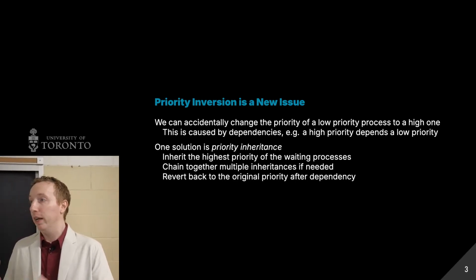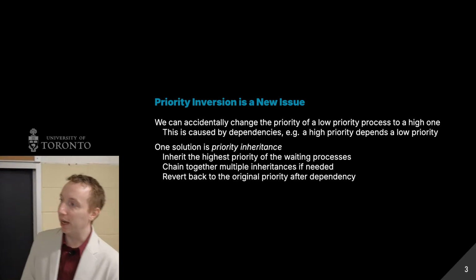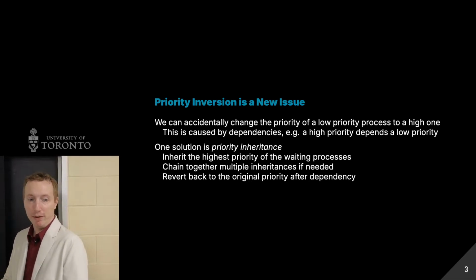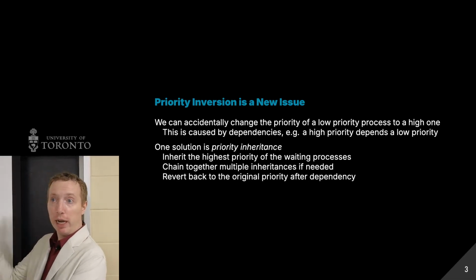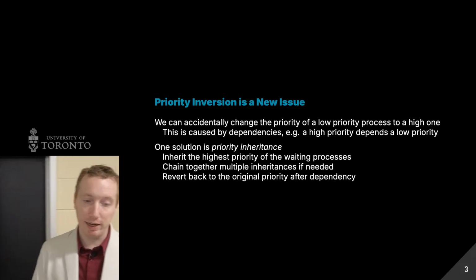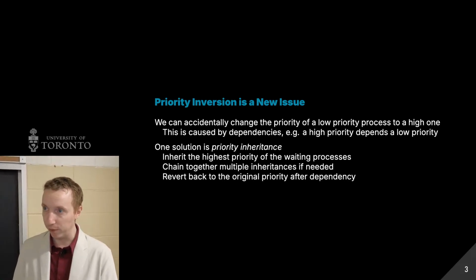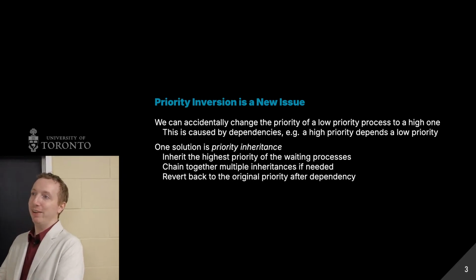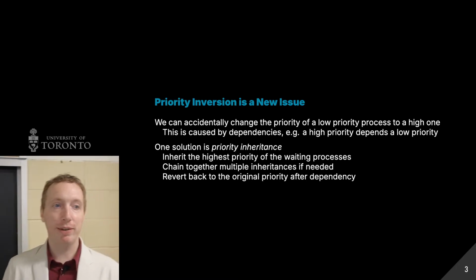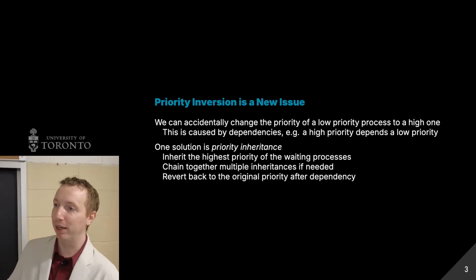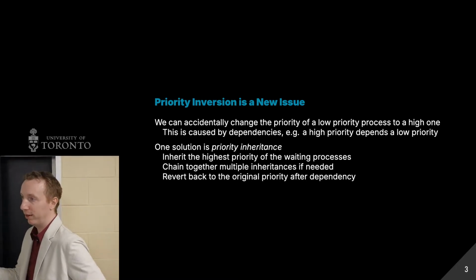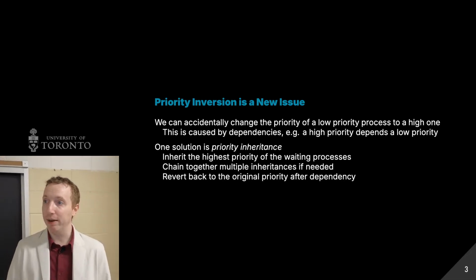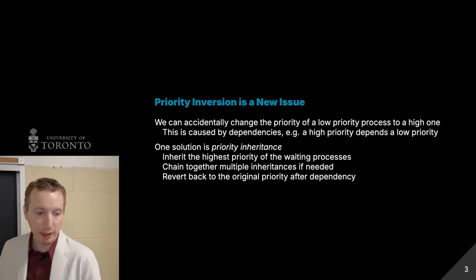So if that low priority process is doing the write for a high priority process that is depending on it, so it's waiting for the write to happen so it can read it, then suddenly that high priority process is now effectively a low priority process, because it's waiting on the low priority process, and it actually uses that priority in order to unblock itself.